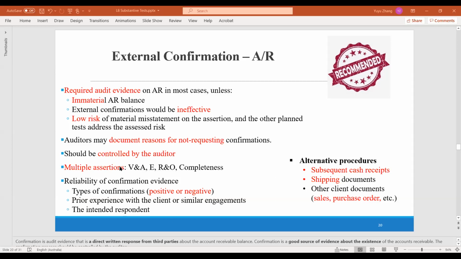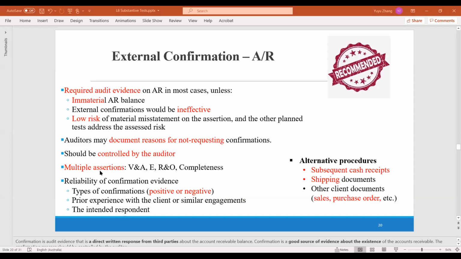The confirmation documents can serve multiple assertions. Existence, because if the customer didn't recognize these accounts receivable, you would doubt their existence. Of course, also linked to the rights.